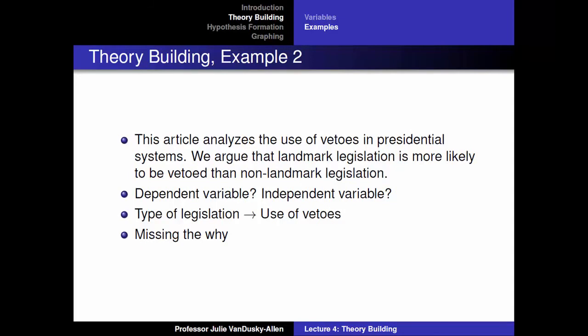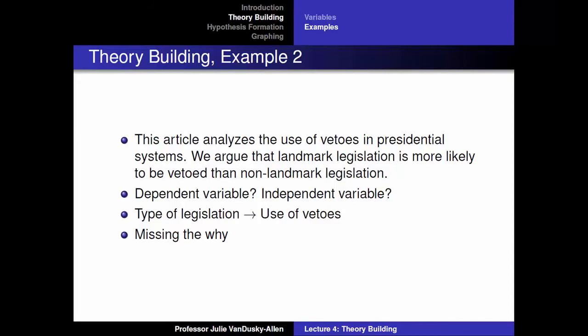Here's another model. This article analyzes the use of vetoes in presidential systems. We argue that landmark legislation is more likely to be vetoed than non-landmark legislation. What is the dependent variable? The use of vetoes in presidential systems, as it is the outcome of interest the authors are focusing on. What is the independent variable?